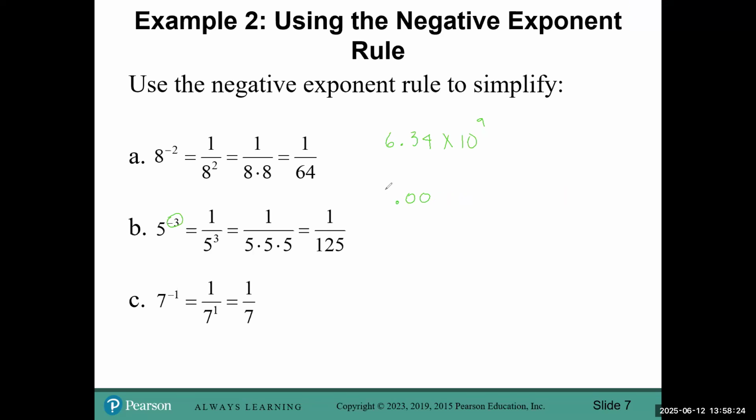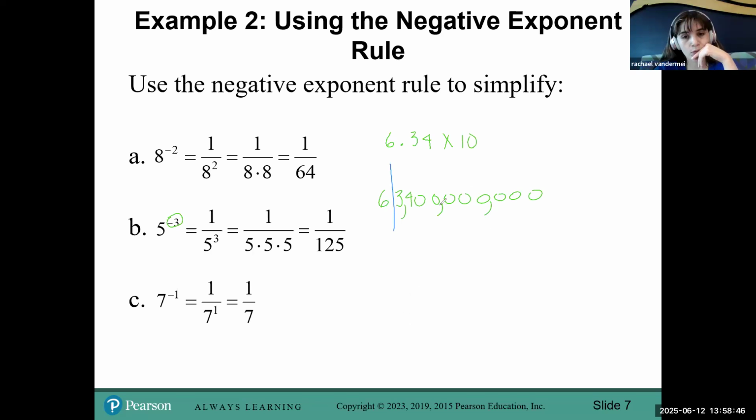Okay. So if you think about where that decimal point was in scientific notation, it was right here, right?